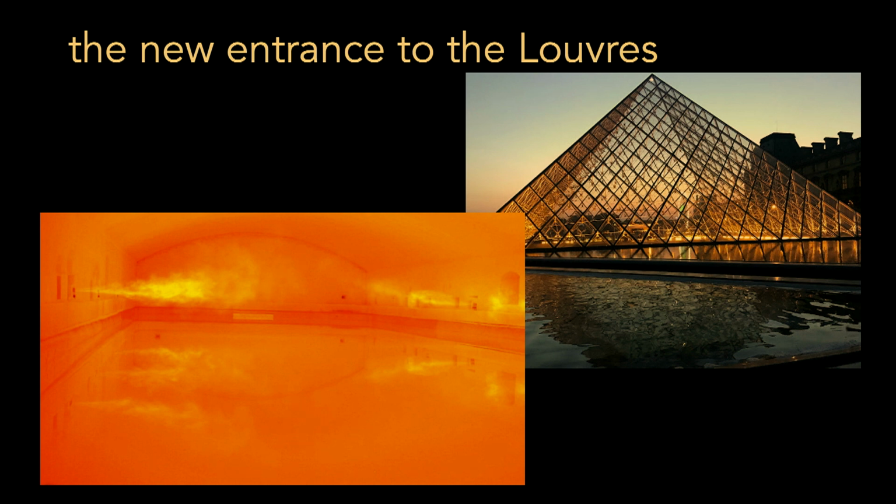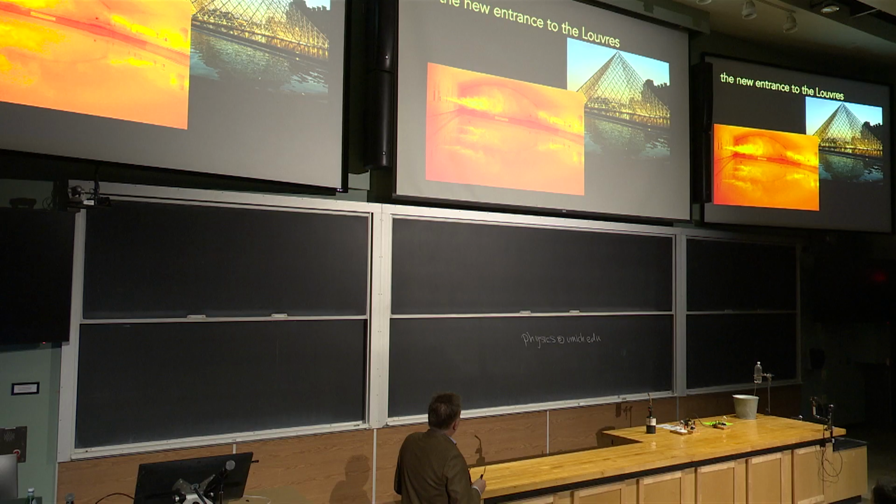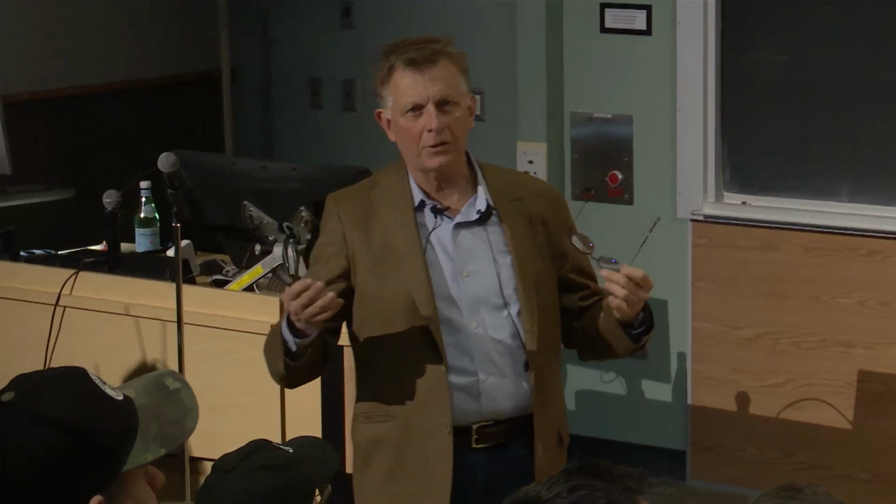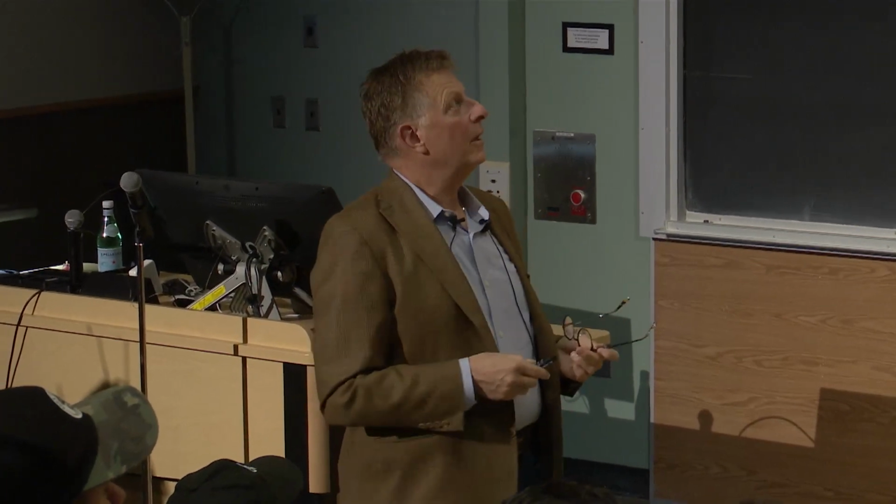Now, you recognize this structure here, which is the new entrance to the Louvre Museum in Paris. And you can see that the building here is visible through the glass. That was a stipulation of the curators of the Louvre Museum. I mean, these entrances were made because the tourist flow was so large that they couldn't use the regular doors.